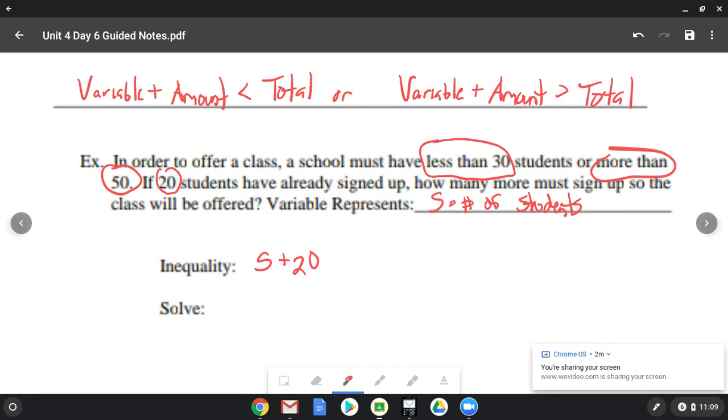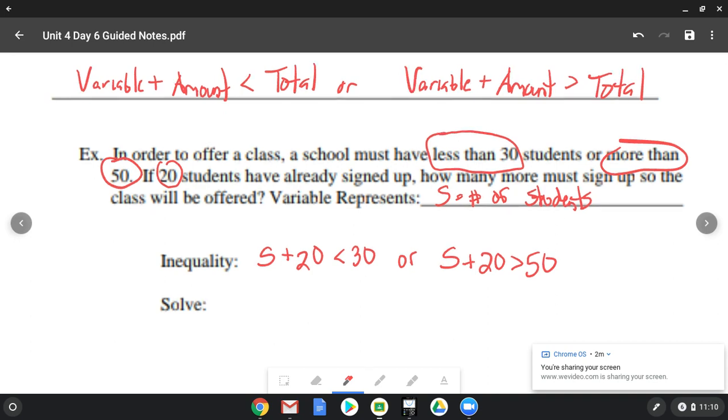That'd be the amount that they gave us. And then we have less than 30. And then it says the word or, so I'm going to put the word or there. And then we're going to use the same exact left side always, S plus 20. And then it says more than 50. So the left side stays the same for both of them. The right side is going to switch from a less than and a number to a greater than a number.